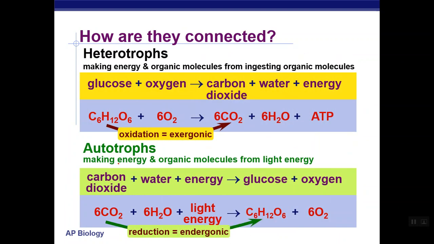So remember back in cell respiration where we oxidized glucose. Right? We removed the electrons because glucose is an excellent high energy molecule that can give away its electrons. It liberates ATP when you break these bonds.